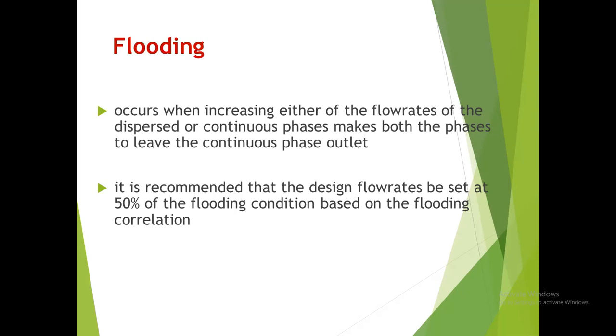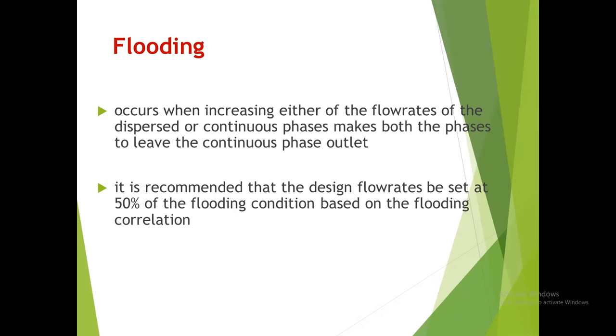So in our language, if you increase the flow rate of the solvent or the feed flow rate, and both of them go down through the continuous phase outlet, the raffinate phase outlet, then your column is said to be flooded.